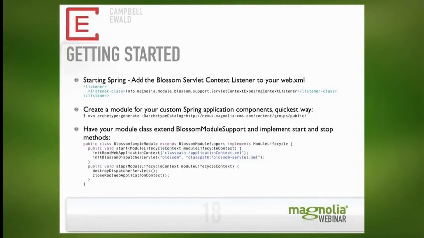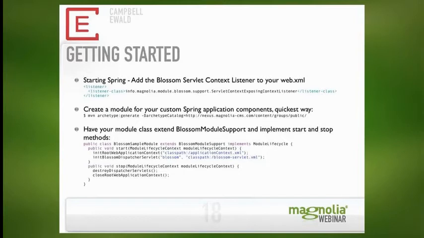Next, you'll create a custom Spring application module for all your application components. The easiest way to do that is through an archetype that Magnolia provides. And you have your module class extend Blossom module support and implement the start and stop methods.